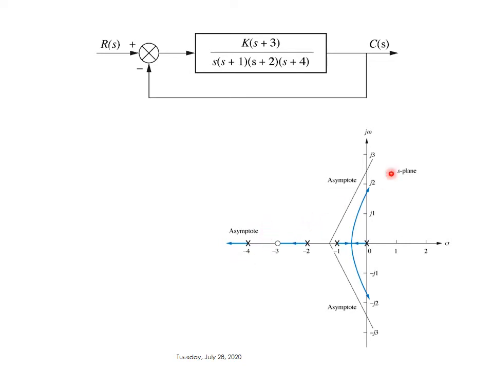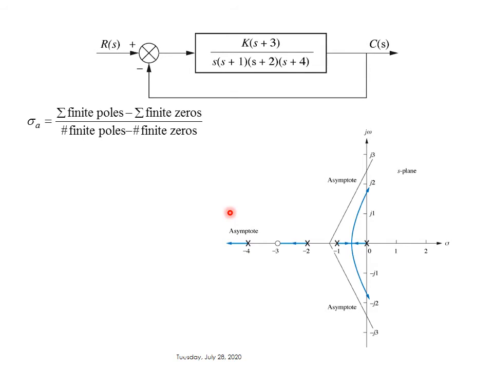How do we construct these asymptotic lines? The asymptotic lines that we're seeing is basically this line, and there's another line. We'll see step by step. The first thing in order to find the asymptotic lines is to find what we call the intersection point. It's noted as sigma A. What is the intersection point?